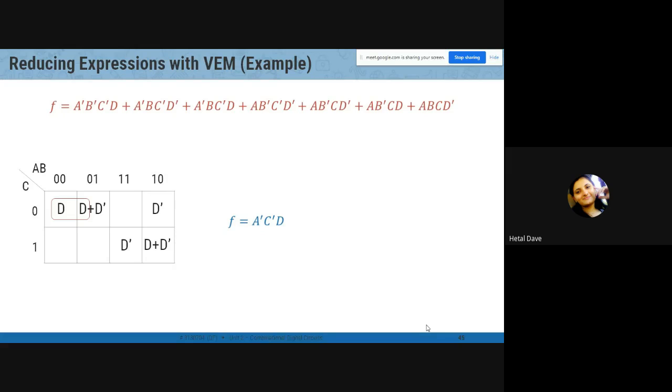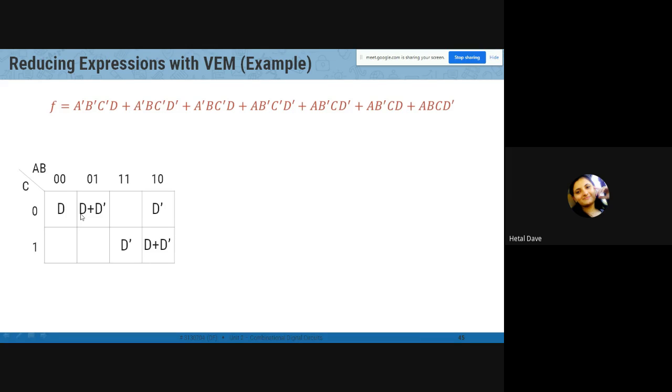Done? Om, are you getting why A bar C bar D is written? Should I explain it? So again, see. First of all, did you get this B here everywhere? Okay. The second step is you need to make the group. So first of all, this group should be covered somewhere. This D. So over here, one D is given.